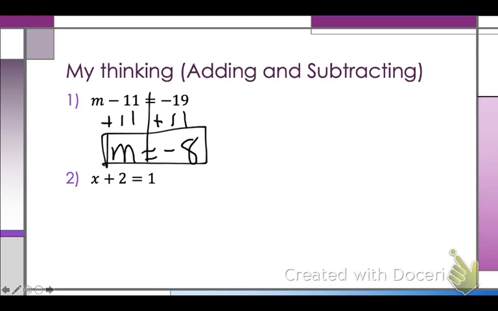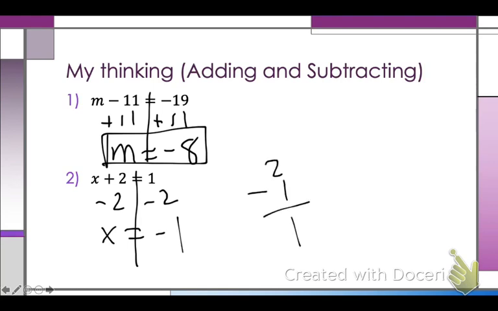And that is our answer for that one. Okay, this one is just the opposite because it's x plus 2, means I need to subtract 2 from both sides. So x equals, and then different signs, we're going to subtract again, so 2 minus 1 is 1, and we're going to keep the sign of the larger number, so negative 1 is my answer.